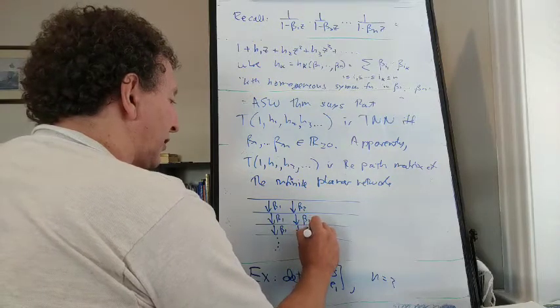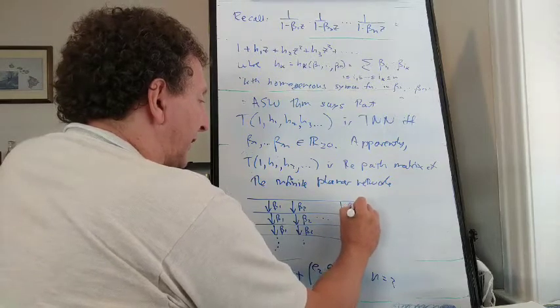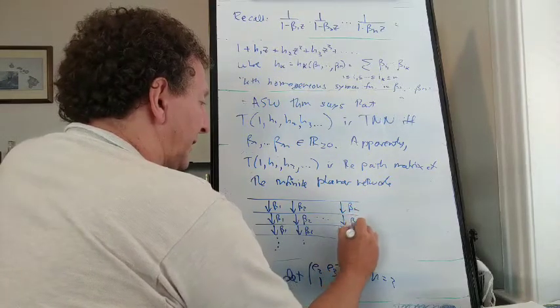The vertical edges are all oriented downward, etc. There are n columns, and then the nth column has vertical edges weighted beta n.